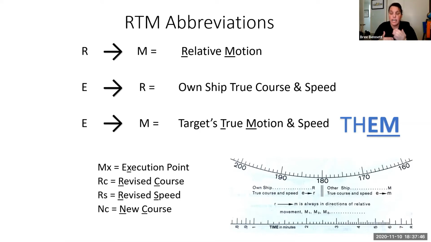We're somehow going to change that R so that we're changing the relative motion line so that our CPA is not 0 or risk of collision, right? So we have this new R. R prime, RC, RS, you might see it a few different ways. And then we're going to have R new course, which is more like E to R prime, is what your new course is. I don't really write it NC, but anyways.